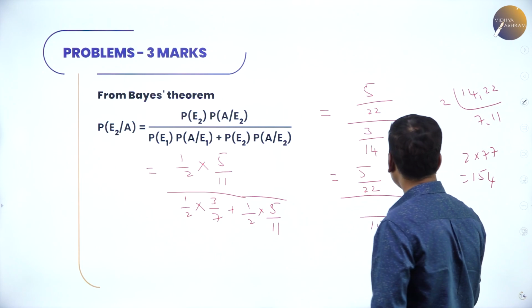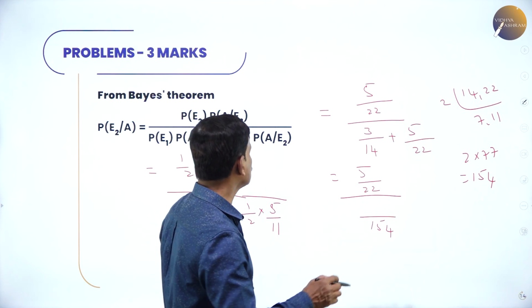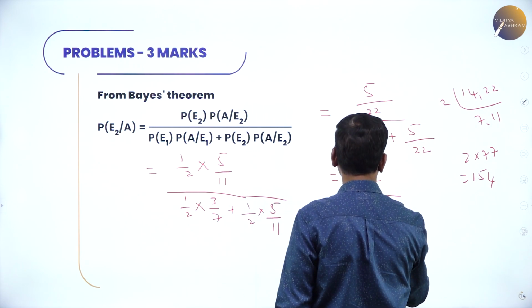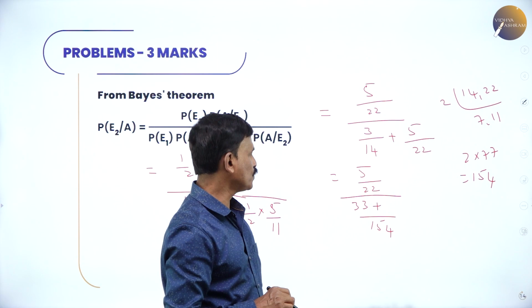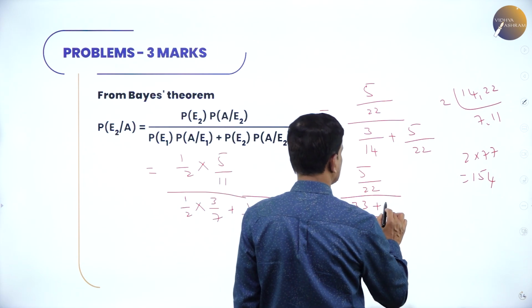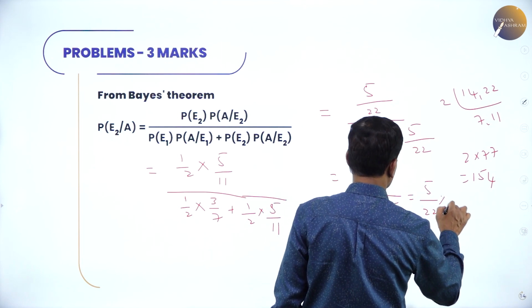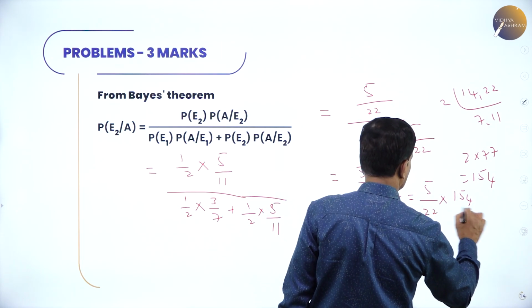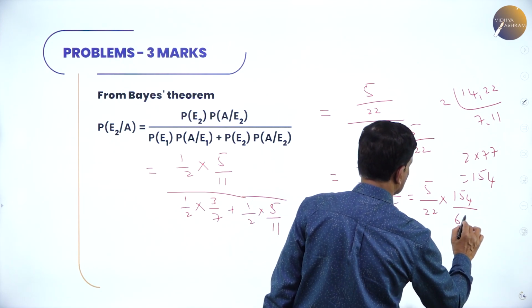If you divide 154 by 14, it gets cancelled 11 times. 11 3s are 33, plus again divide 154 by 22, it gets cancelled 7 times. 7 5s are 35. So this is 5 by 22 into 154 divided by 68.